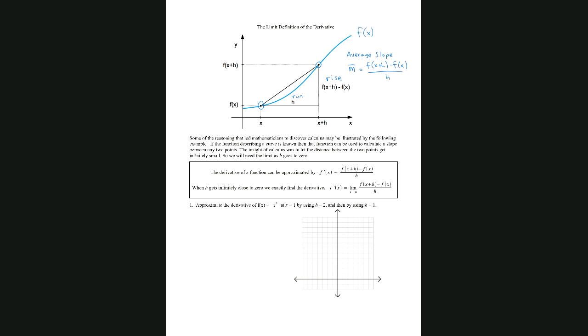It's rise over run. And what we're going to do is approximate the derivative, which is the slope of the function, using this difference quotient.